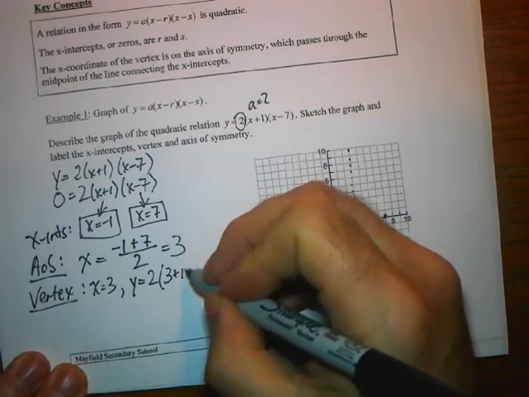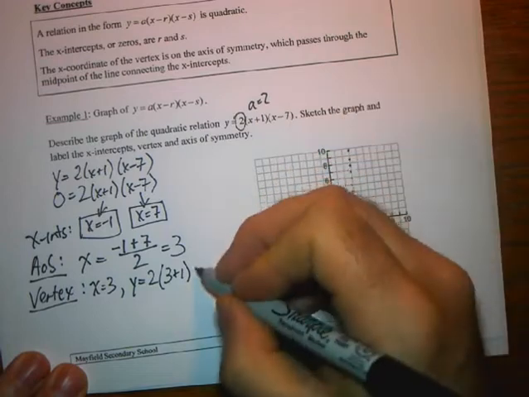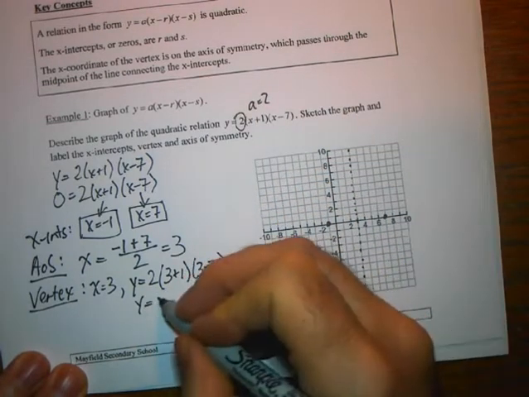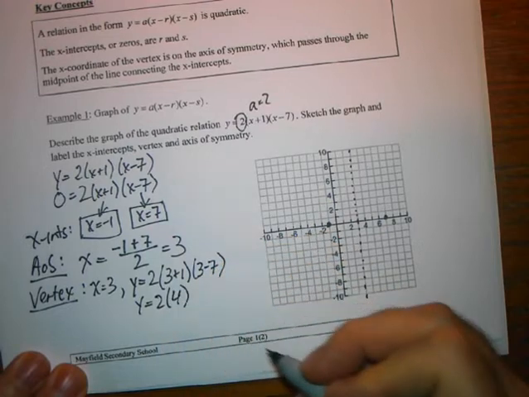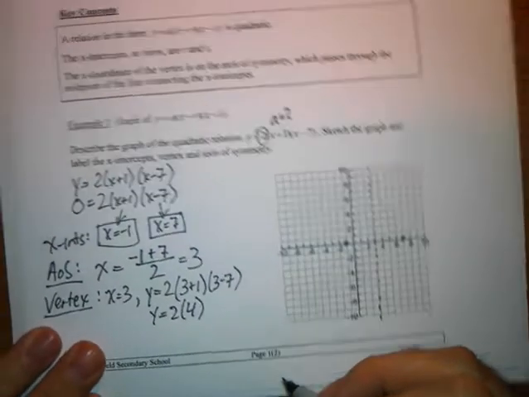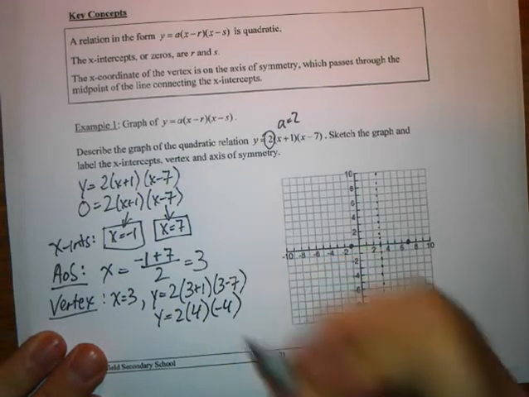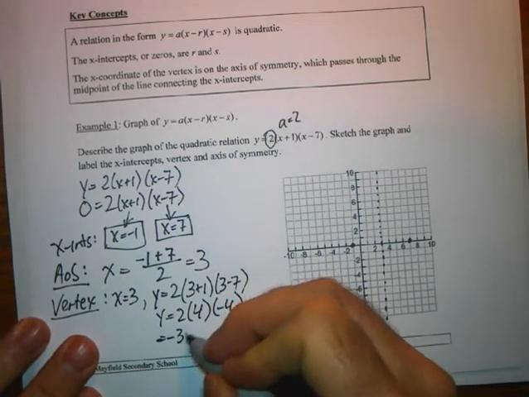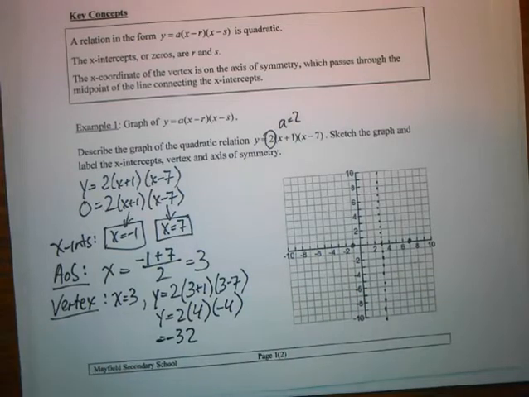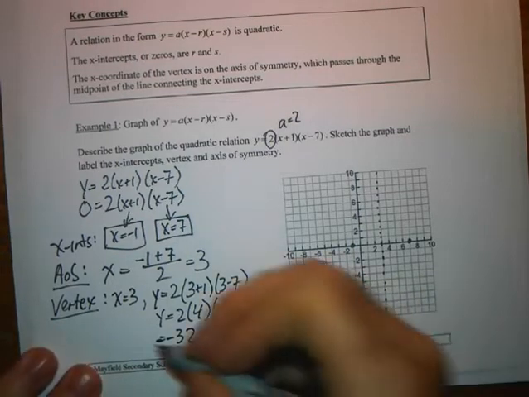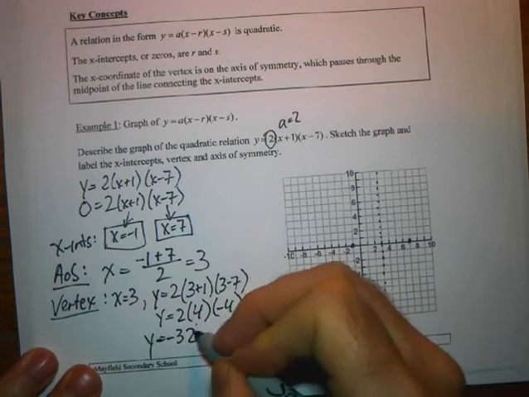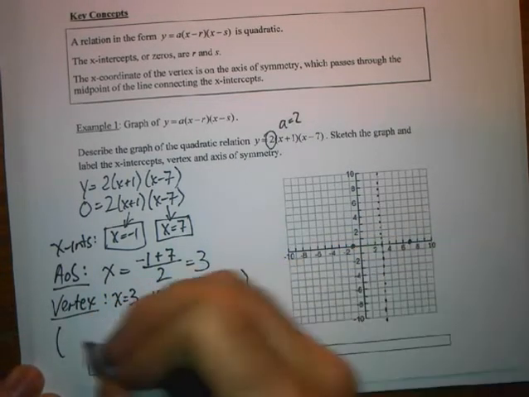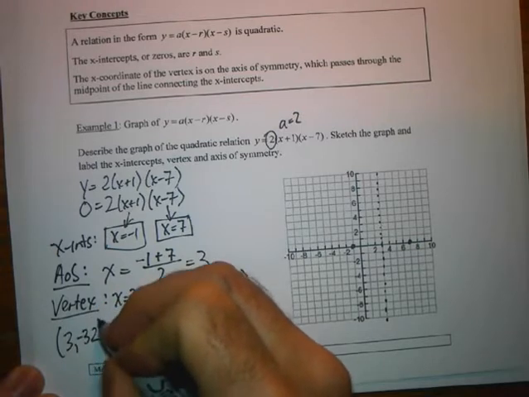So that's 2 times (3 plus 1) times (3 minus 7). If we simplify this, we get y equal to 2 times 4 times negative 4, which is equal to negative 32. So the vertex is the point (3, negative 32).